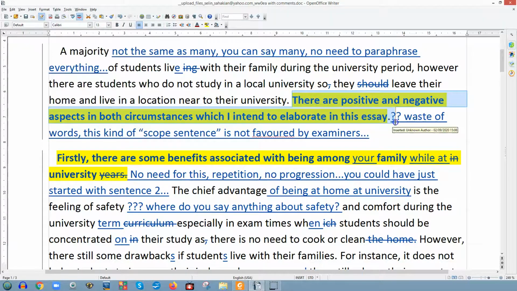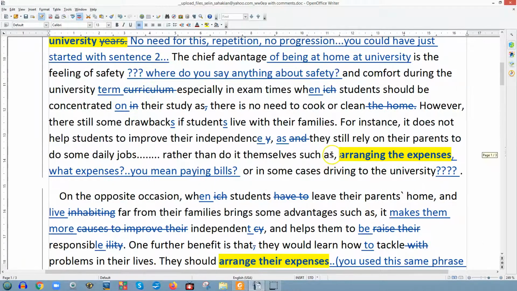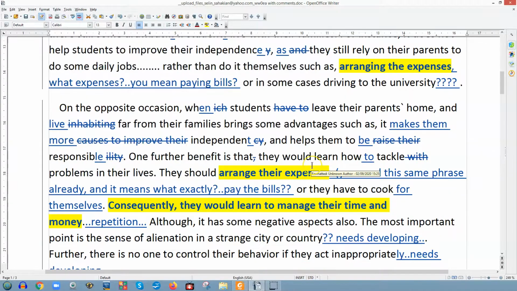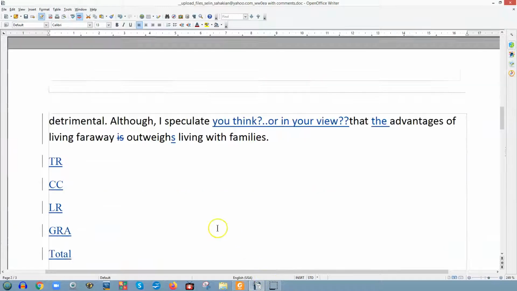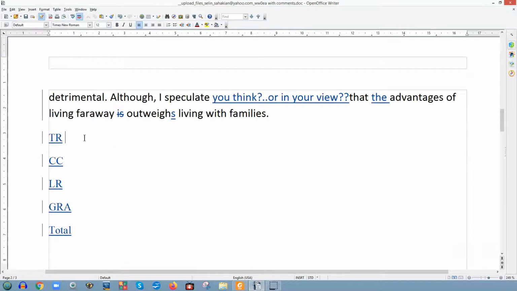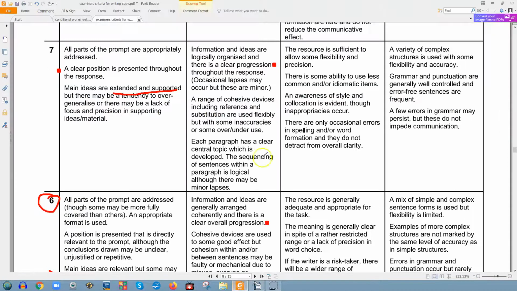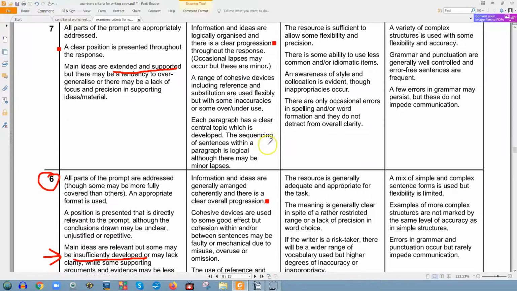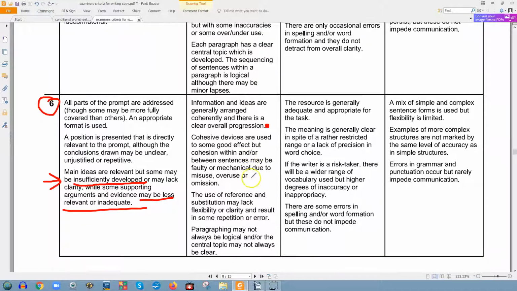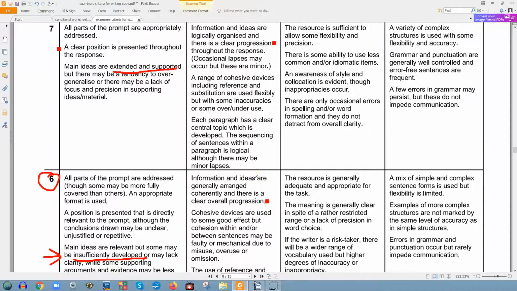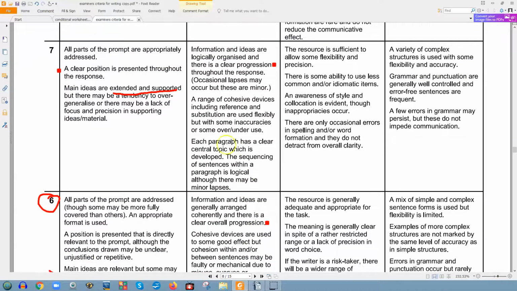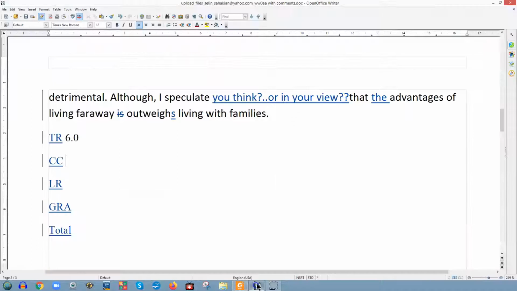There's no progress in that sentence, no progress in that sentence. So let's just put some scores down. If we give task response 6, cohesion and coherence, clear overall progression, okay, I'll be generous for this one. I'll give it 7. Examiner might not. He might give it 6.